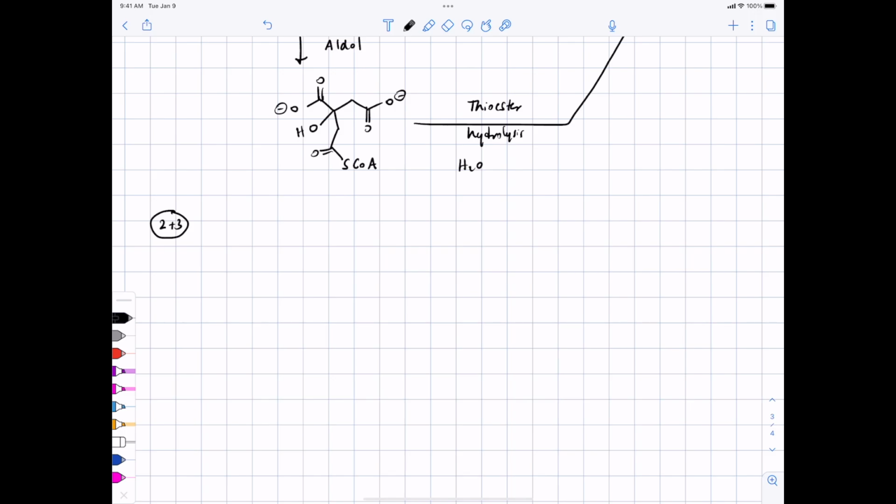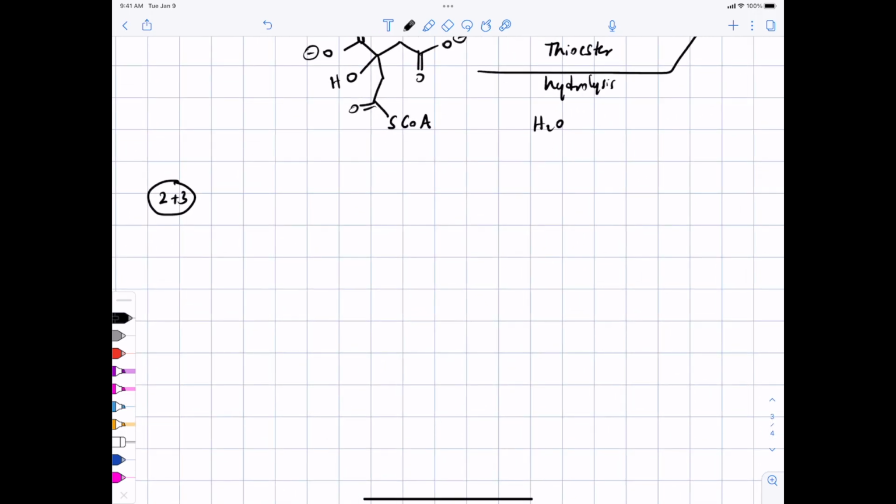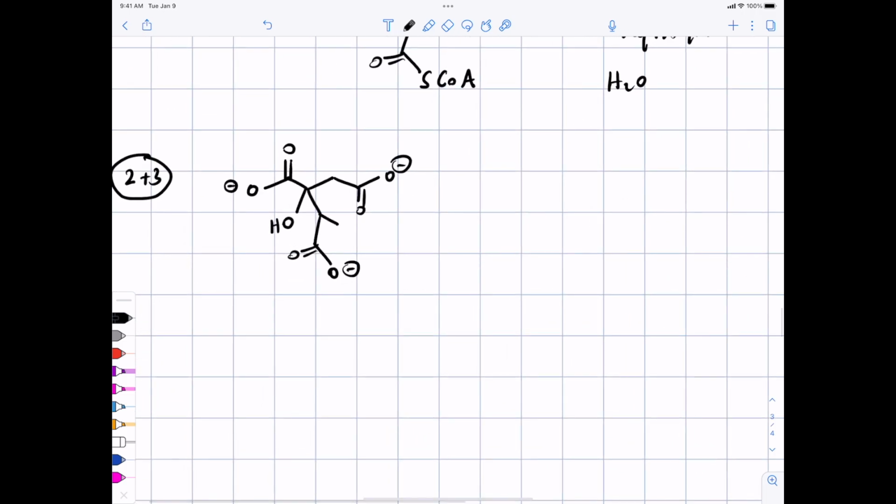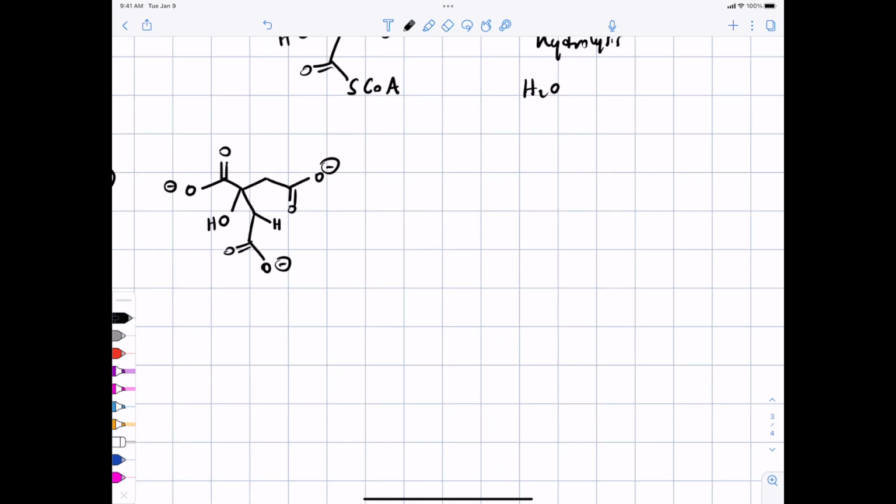So I'm going to show you steps 2 and 3 together. The first step is an E1CB style dehydration.